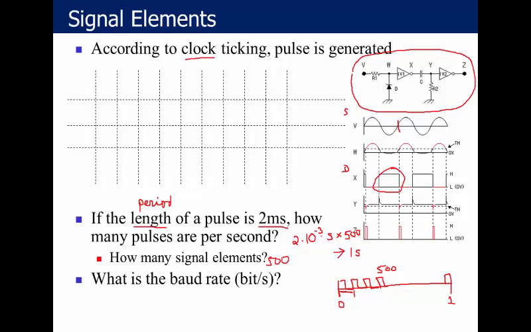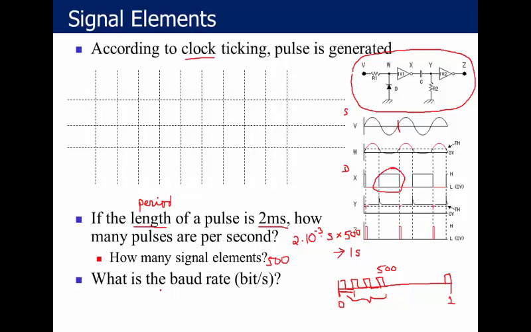If you use 4 chipsets per signal, 4 chipsets of a channel to represent one data element, then you might have 125 data elements transmitted per second.